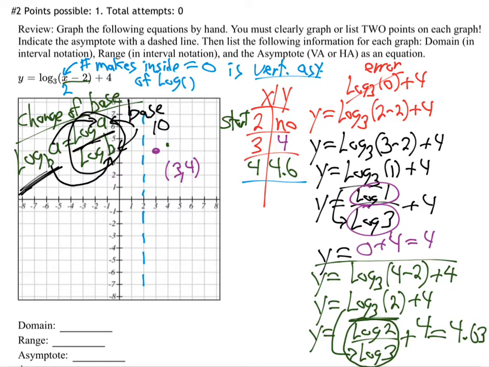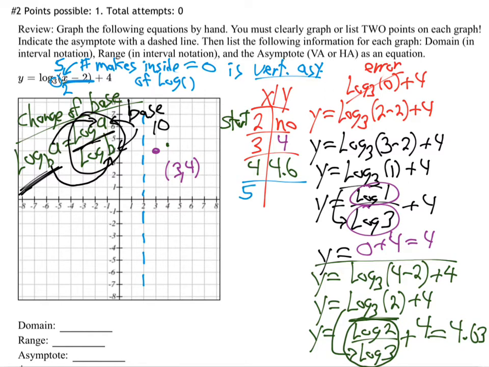How so? Well, what's going to give you a nice easy point is to pick a number that you plug in that makes the inside the same as the base. So what could I plug in for x to make the inside be 3 like the base? 5, right? If I plug in 5, see what I'm going to get here?